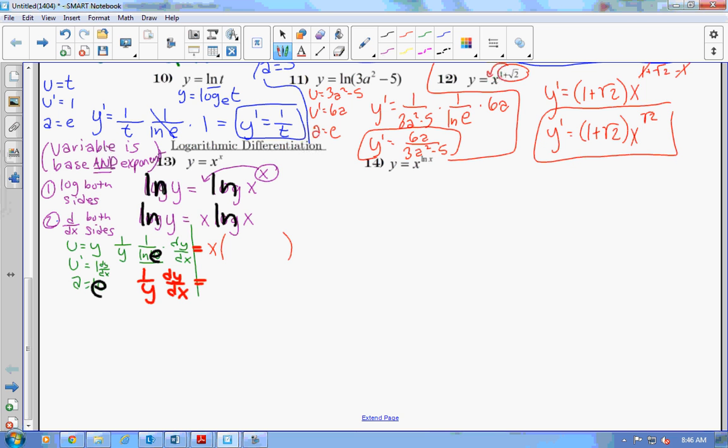Natural log x. That should be an easy one for you to memorize. Derivative of natural log x is 1 over x. First times derivative of last plus last times derivative of first. Derivative of x is just 1. So we have x times 1 over x is just 1, because they cancel. 1 plus natural log x.